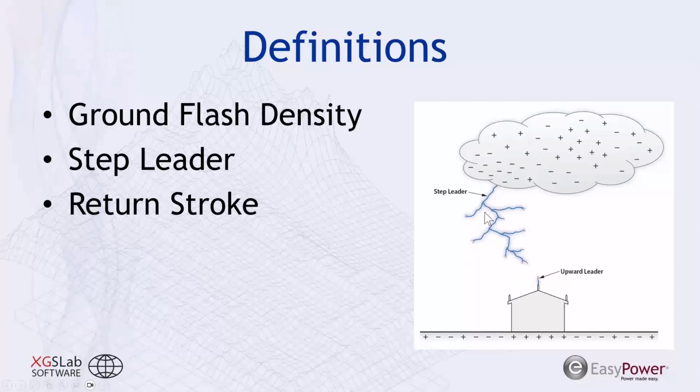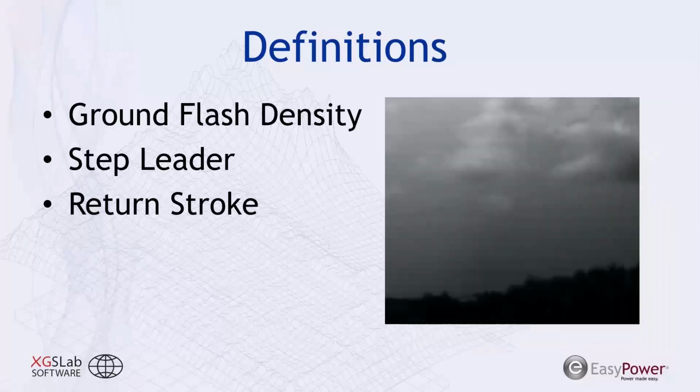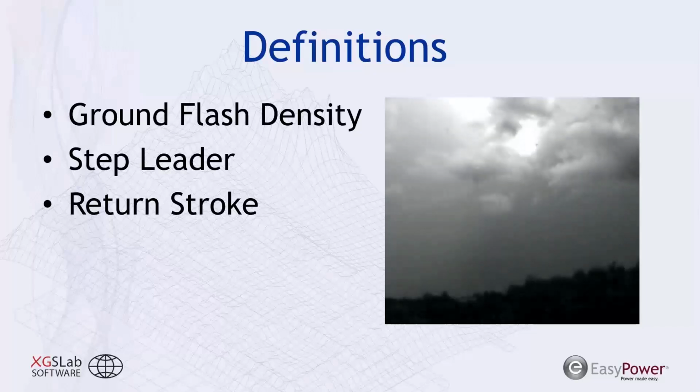As we make our way down from the cloud to the earth, you'll also have an upward leader coming from the earth, or the structure that may be about to be struck. Slow motion video captures often show you can have one step leader or multiple step leaders.